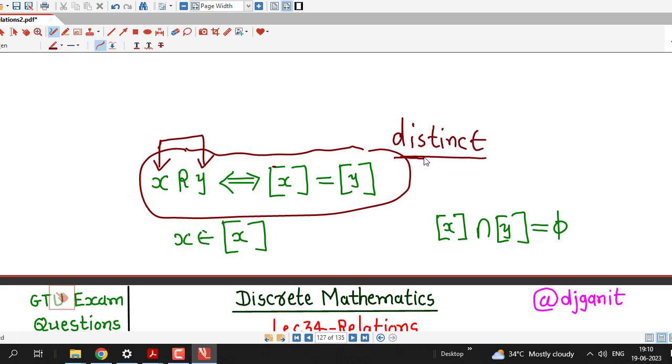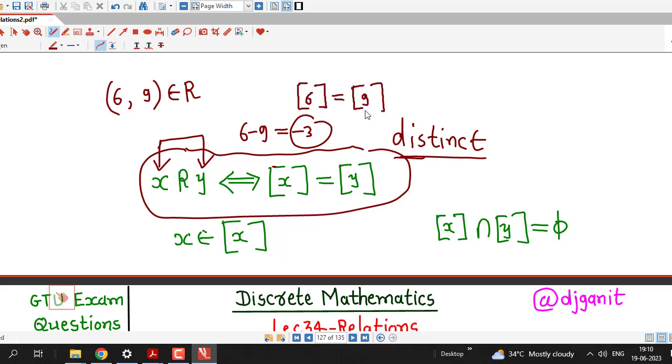The majority of equivalence classes will be the same. For example, if I consider 6 and 9, then (6, 9) is a member of R, because 6 minus 9, that is minus 3, is divisible by 3. So the equivalence classes generated by 6 and 9 will be the same. Similarly, 6 is related to 3, because 6 minus 3 equals 3, which is divisible by 3.